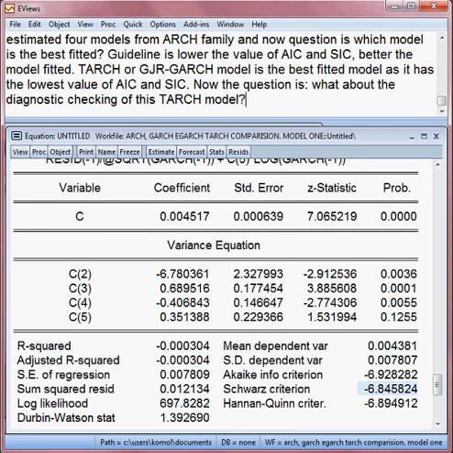Meaning whether this model has fulfilled all the conditions or not, that we shall be checking now.